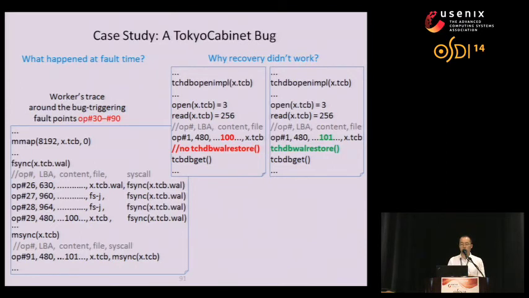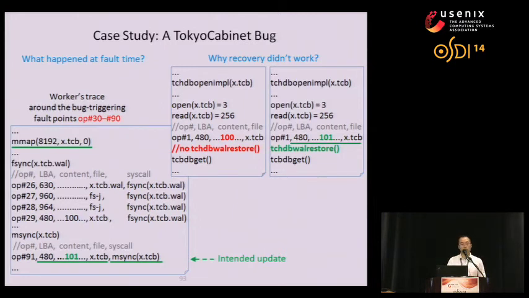In this example, faults injected between operation number 30 and number 90 caused the trouble. So we can see that after operation number 90, operation number 91 matches the content in the normal recovery trace. Moreover, we find that there's an msync on a memory-mapped database file, which implies that this operation is an intended update by the database.